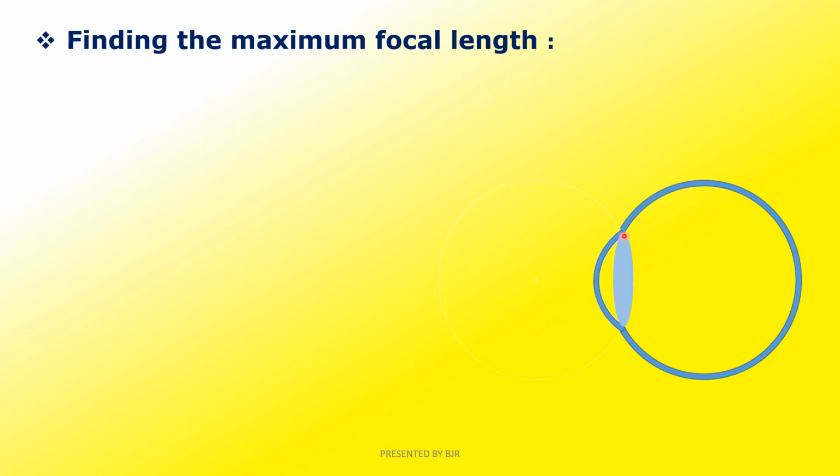The eye lens is convex in nature. It's a convex lens. So the eye lens will have the maximum focal length in viewing the distant objects. That is, when the object is at infinity, it will have the maximum focal length because the ciliary muscles get relaxed and the size of the eye lens will become more.